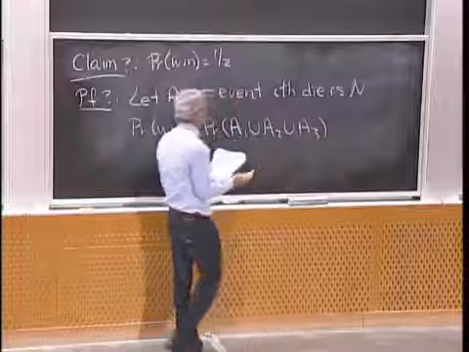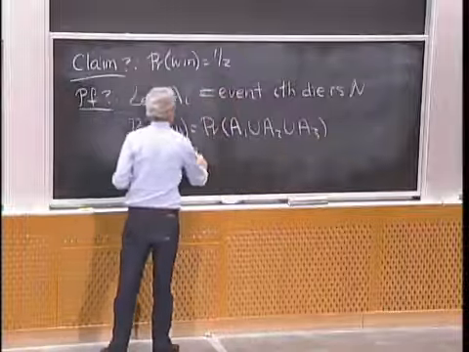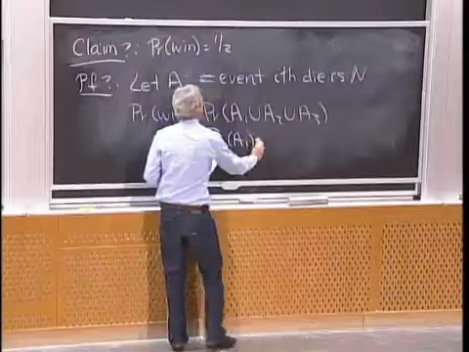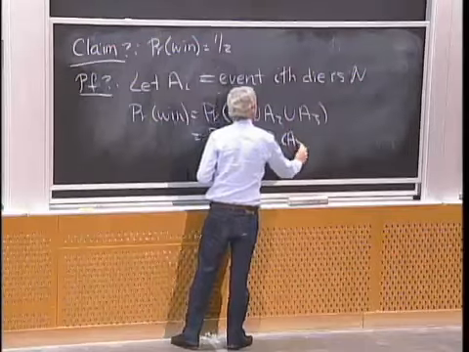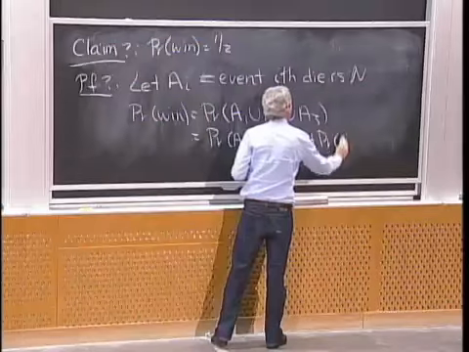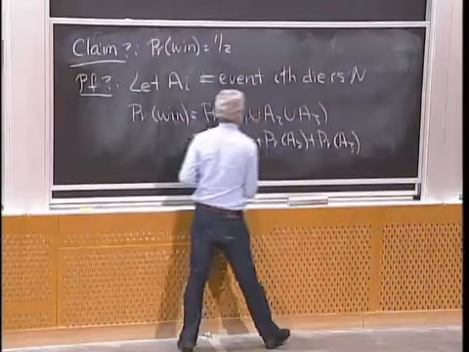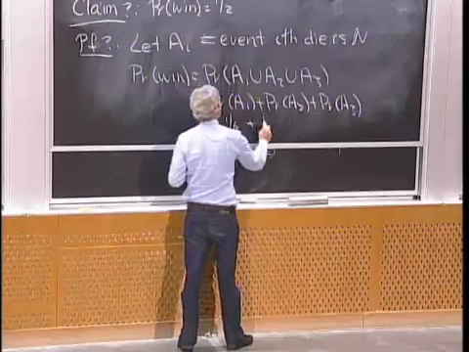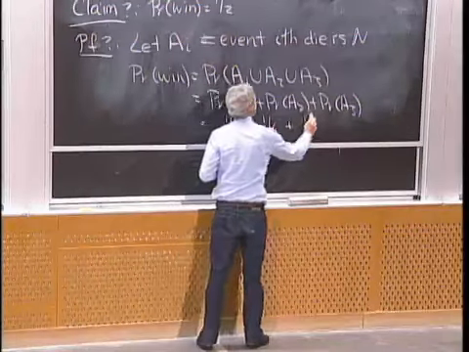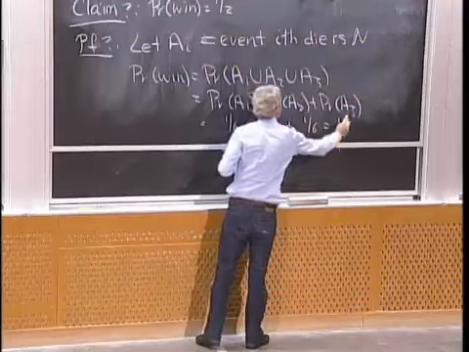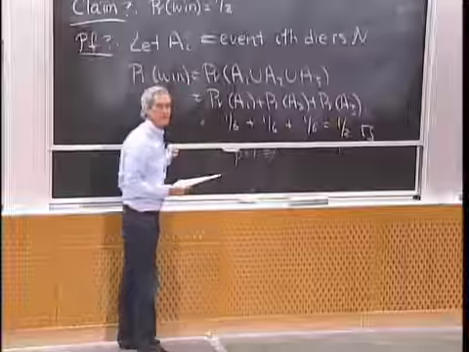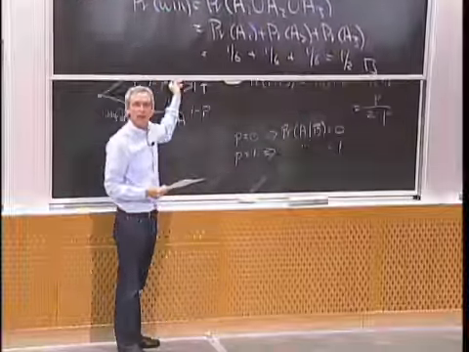All I need is one of the die to come up my way, and that is the probability of A1 plus the probability of A2 plus the probability of A3. And each die wins for me with probability 1/6, and that is then a half. So that's a proof that we win with probability a half.